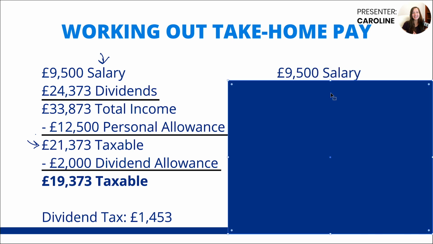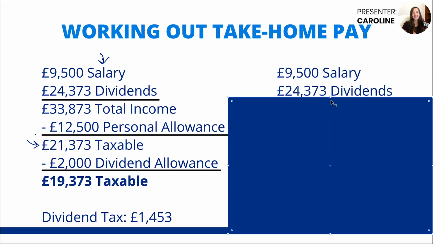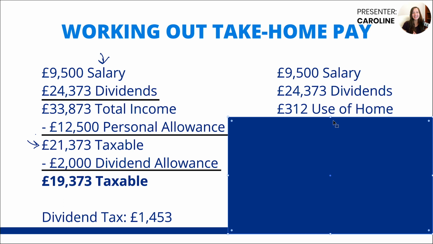On the right side here, we'll be looking at your actual take-home pay, finally. We're finally getting there. Okay, so £9,500 in salary. Then, of course, you've got your dividends that you've actually taken, so that's £24,000. And I'm adding in the use of home allowance here because it's something you wouldn't have received otherwise. This is basically extra income you can receive from your company to go towards your home working costs.